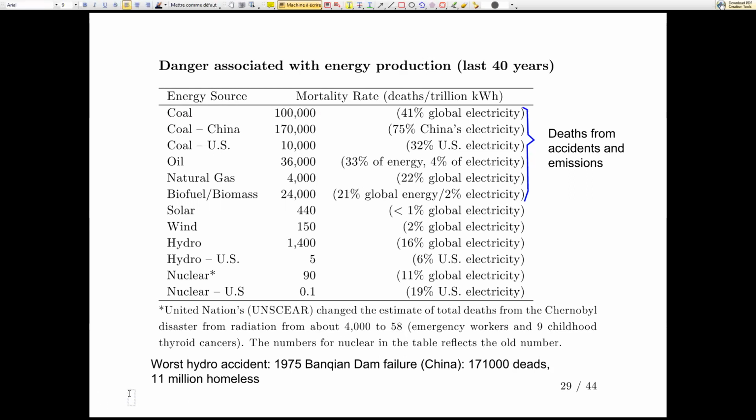Other nuclear accidents: there's Three Mile Island, and there were 0 deaths. And Fukushima, again, 0 deaths.